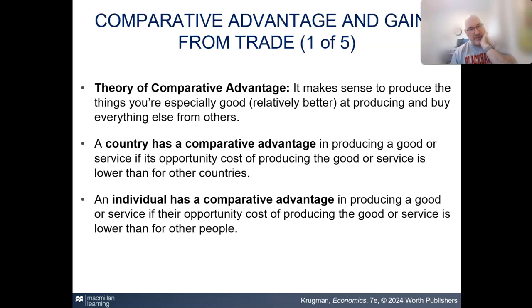A country has comparative advantage in producing a good or service if it has a lower opportunity cost than other countries. Individuals have a comparative advantage in producing a good or service if their opportunity cost of producing the good or service is lower than for other people.